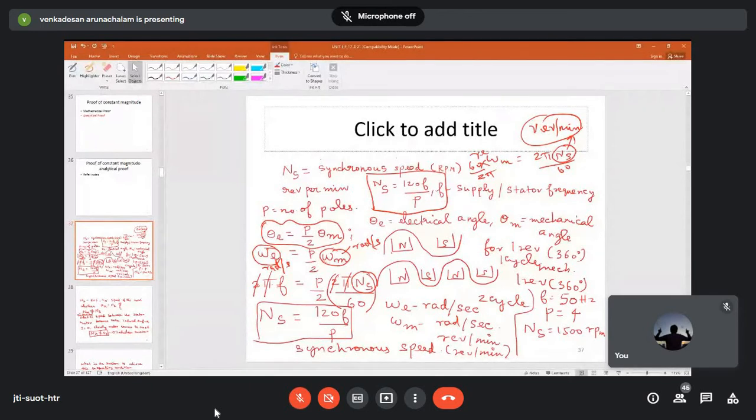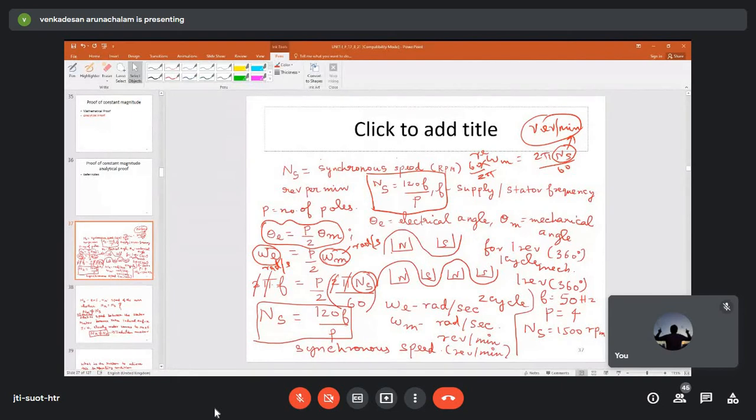Because the rotor also will rotate, no? The rotating magnetic field is sweeping the rotor surface, then you will get the current in the conductor of the rotor. So it is a current carrying conductor placed in a magnetic field. Afterwards, the rotor also starts rotating in the direction of the rotating magnetic field. If the rotating magnetic field is clockwise, the rotor also will rotate clockwise.